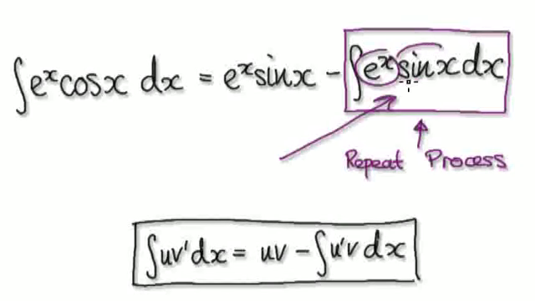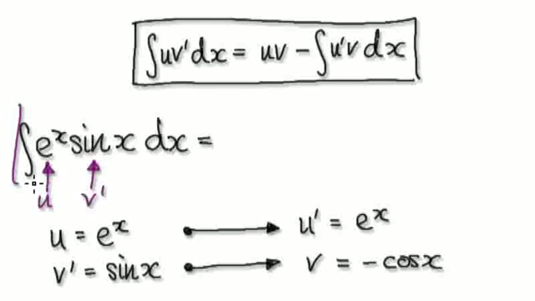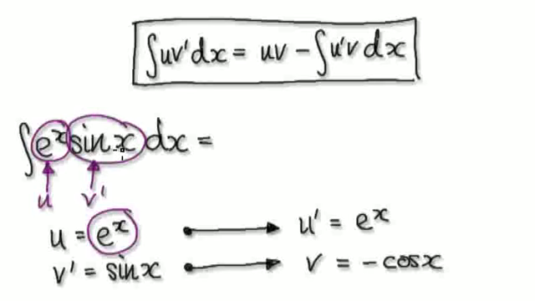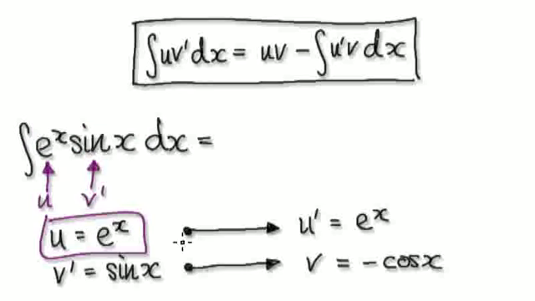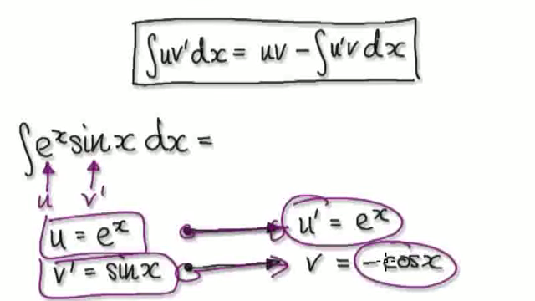So u equals this, and let v prime equal this thing here. If u equals this, then u prime equals this. If v prime equals this, then the normal v would be this.